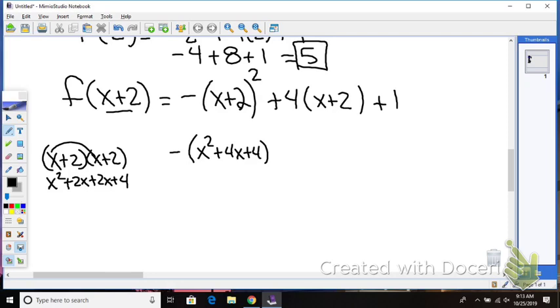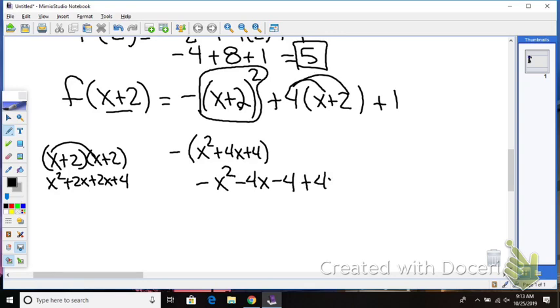I just took and multiplied this. So what do I need to do with this negative that's out front? Distribute it. So I have negative x squared minus 4x minus 4. Distribute this 4 in. Plus 4x plus 8. And then this little plus 1 at the end.